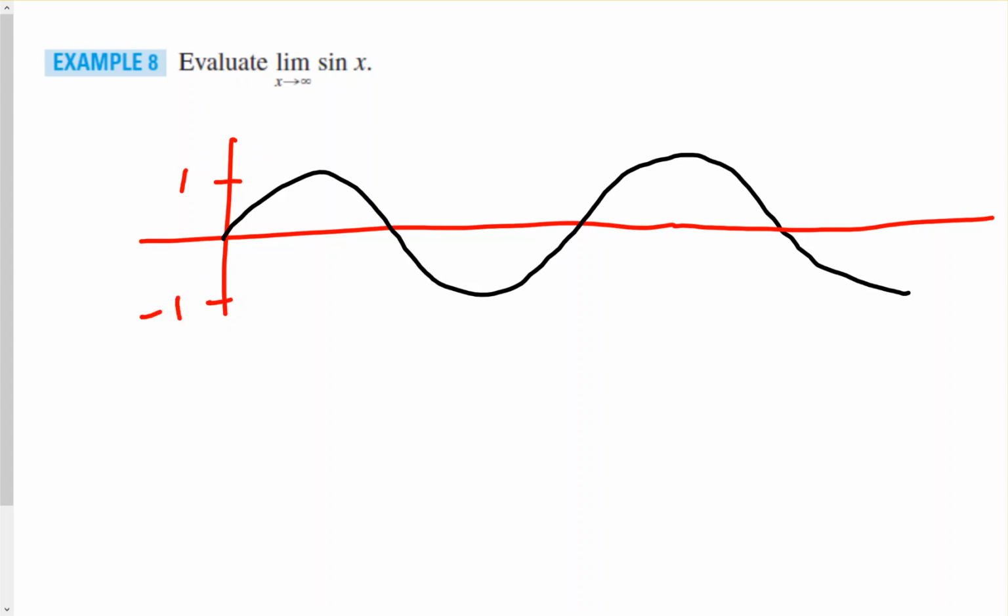It'll oscillate between 1 and negative 1. Because it'll just keep oscillating between negative 1 and 1, the limit as x approaches infinity of sine x does not exist.